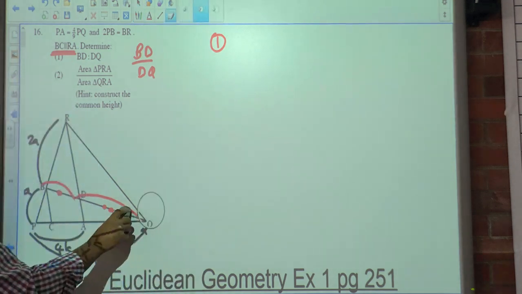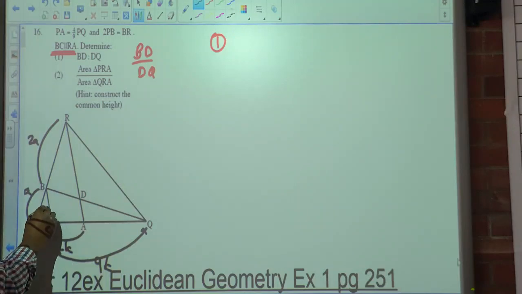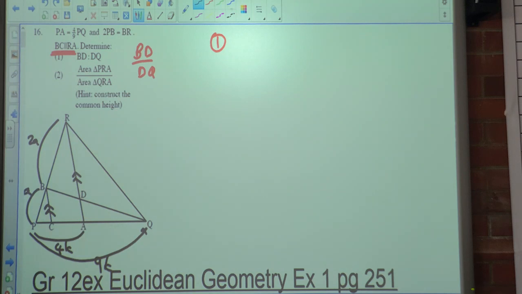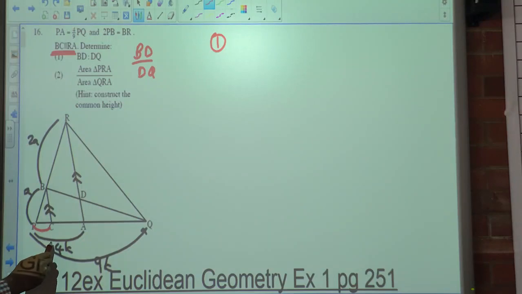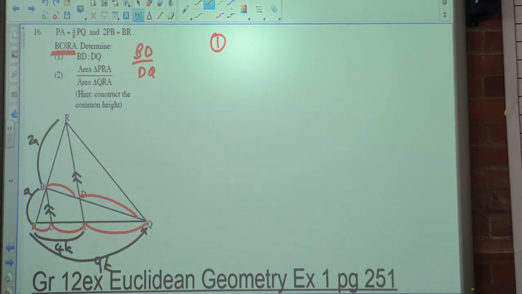If those lines are parallel, what do we know? BC is given parallel to RA. If that's the case, what do we know? We know that BD over DQ is equal to CA over AQ. Not so. We also know there's a triangle here. So that over that is equal to that over that. Okay, you all agree with that?